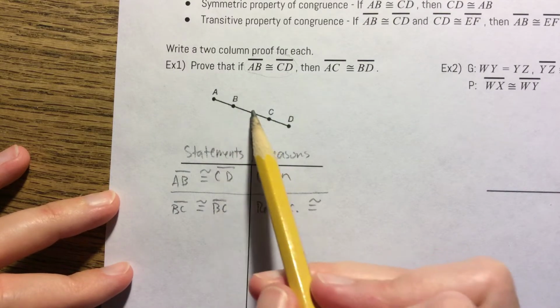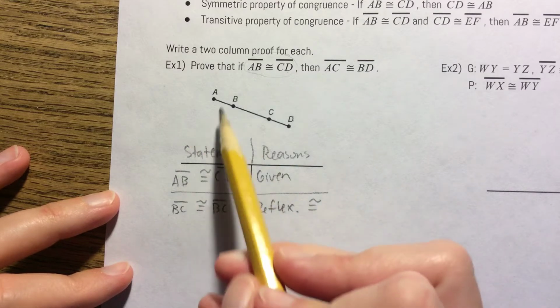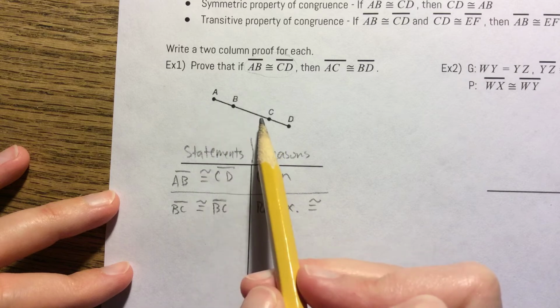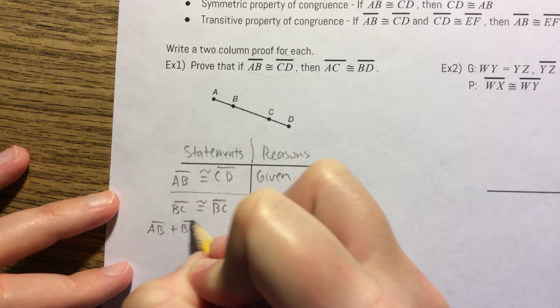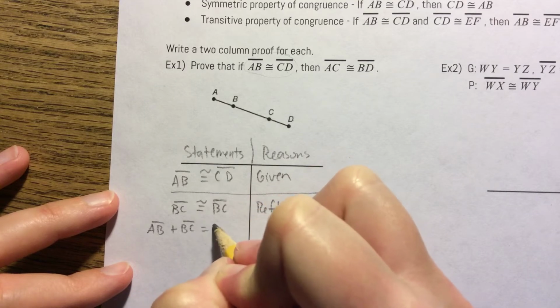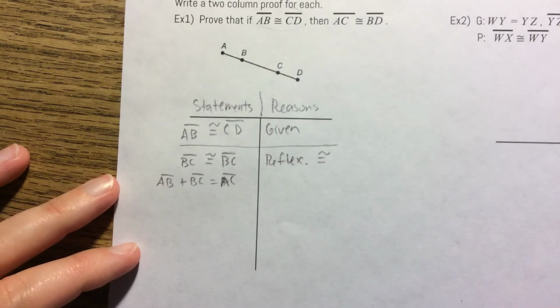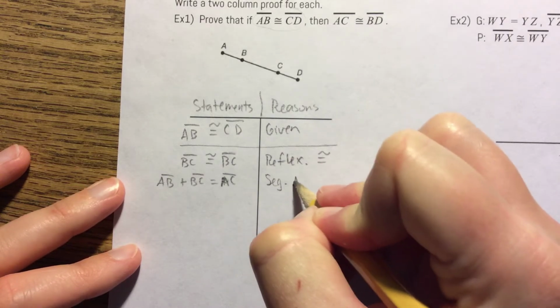Okay, now looking at this, I'm going to use the fact that AB plus BC equals AC. And that is our segment addition postulate.